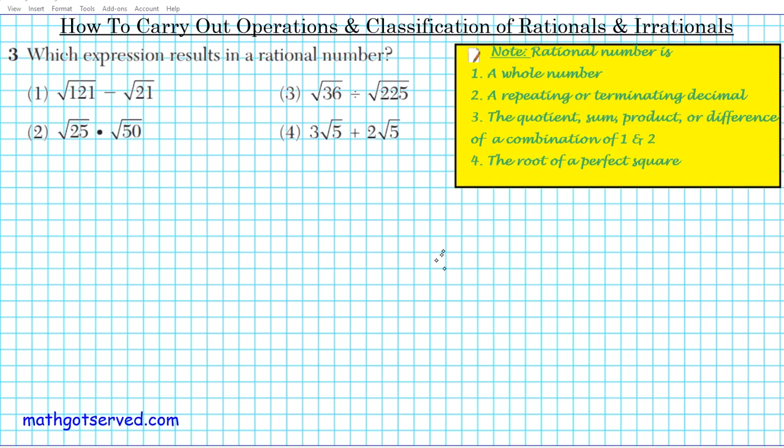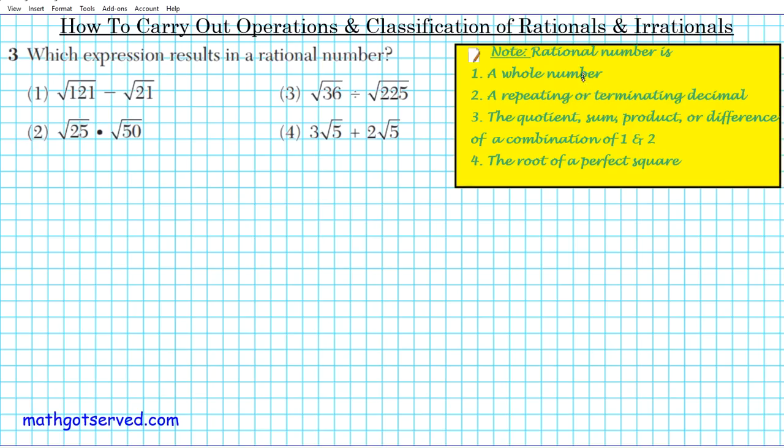So over here, we have examples of what a rational number is. So first of all, a whole number is a rational number. A repeating or terminating decimal is a rational number. A quotient, sum, product, or difference of a combination of 1 and 2.